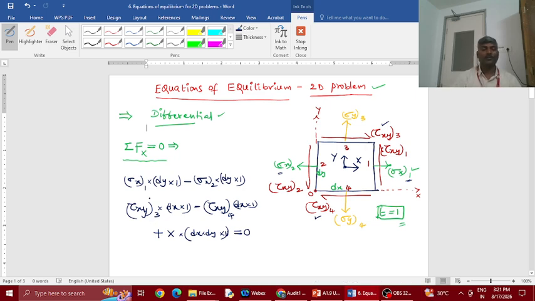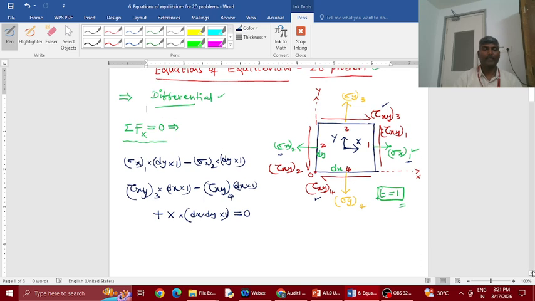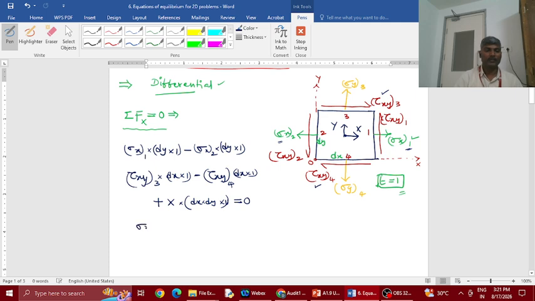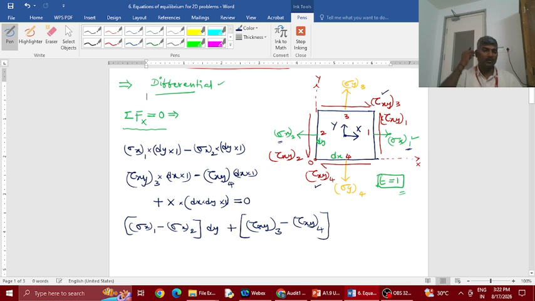If you take dy common, it is sigma x on face 1 minus sigma x on face 2, multiplied by dy, plus tau xy on face 3 minus tau xy on face 4, multiplied by dx.